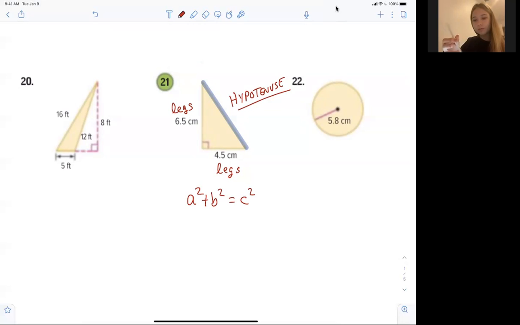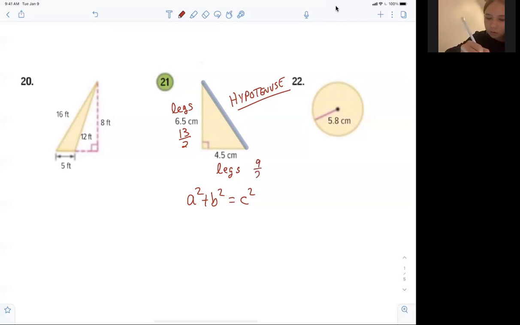I'm always trying to convince kids that fractions are easier than decimals. So 6.5 is the same as what fraction? We don't do mixed fractions, we do improper fractions. Yes, so I want everybody to write that as 13 over 2. And then obviously 4.5 would be what?